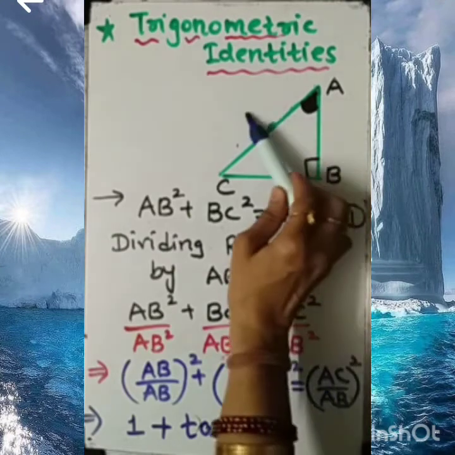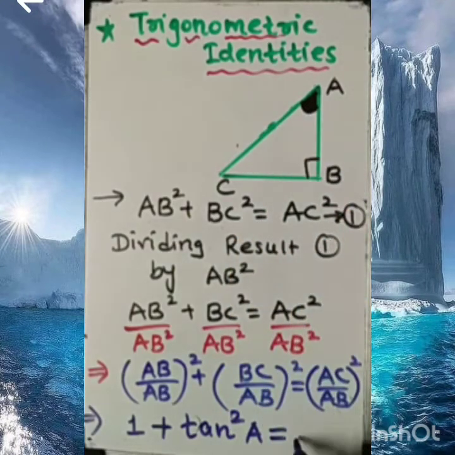H by B gives the result sec A. Because of the square, I am writing sec square A. So this is the second identity: 1 plus tan square A equal to sec square A.